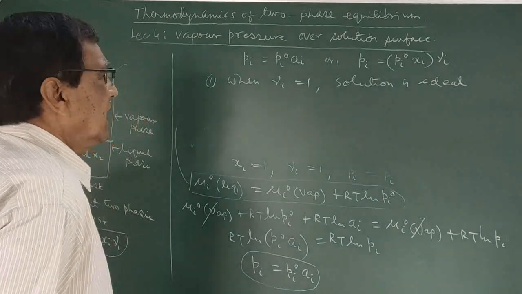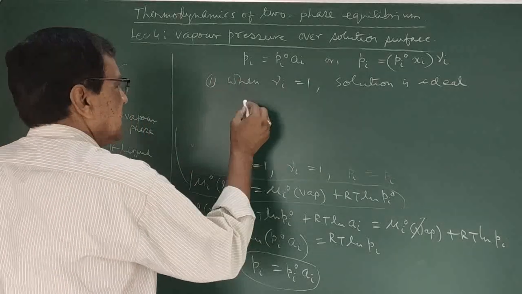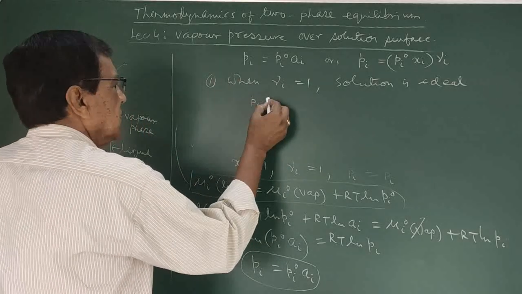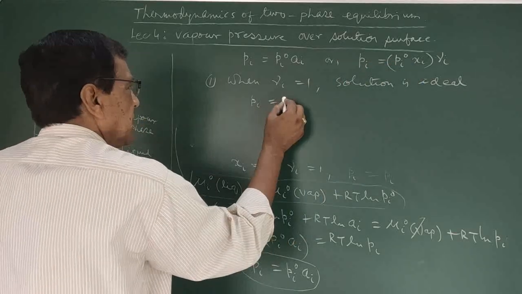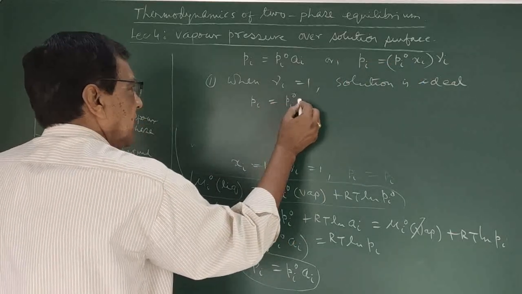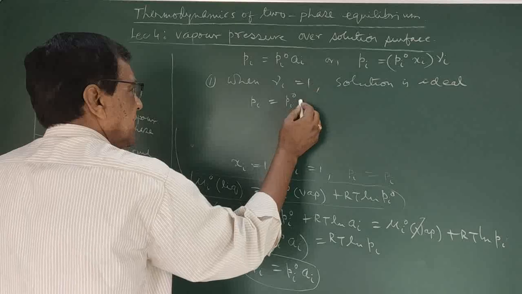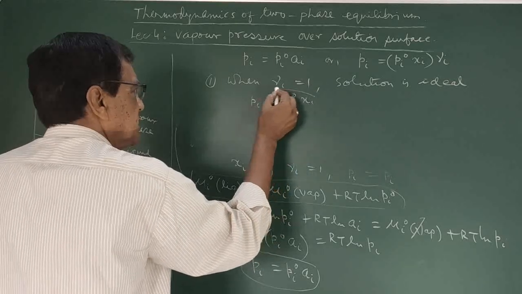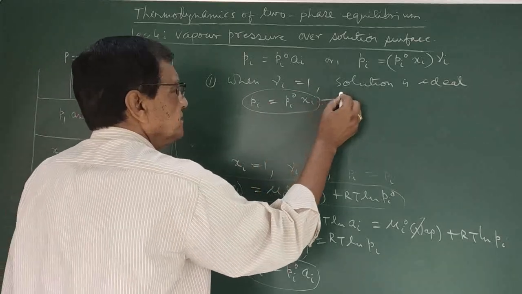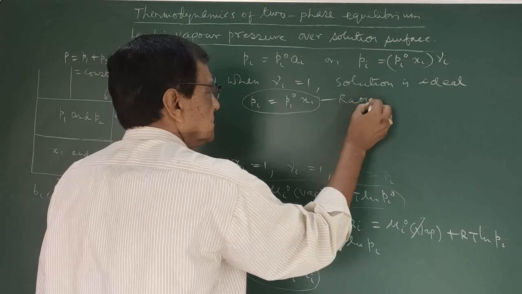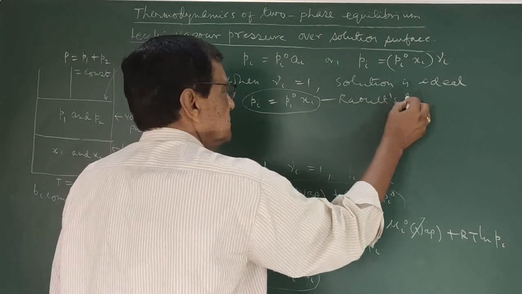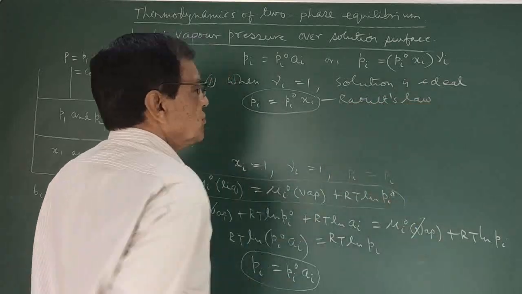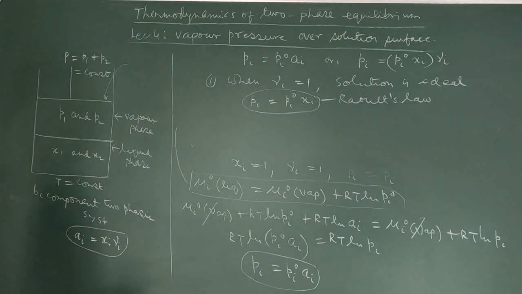So in this case P i will be equal to P i naught and x i, and this is Raoult's law of vapor pressure for ideal solutions.